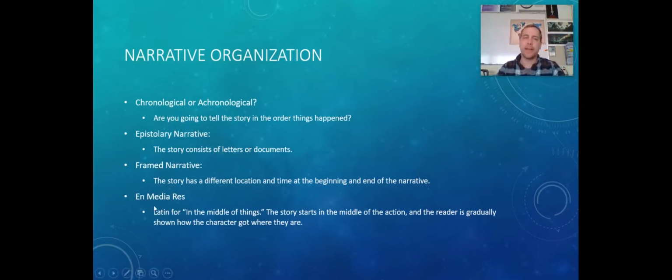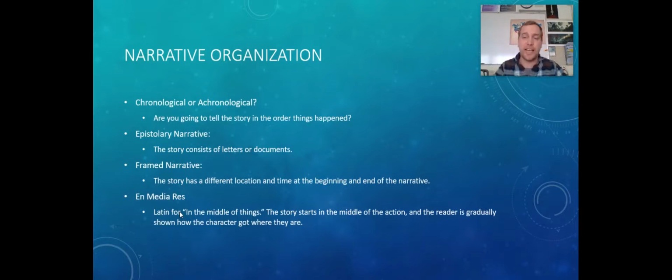And then the last thing you may consider is you may start your story in media res, which is Latin for just in the middle of things. And so you've seen this if you ever the story starts and you get no introduction to the characters, no introduction to the setting, something is happening. You're like, what is happening? What's going on? You're right in the middle of the action. And so the story starts in the best part of the action.